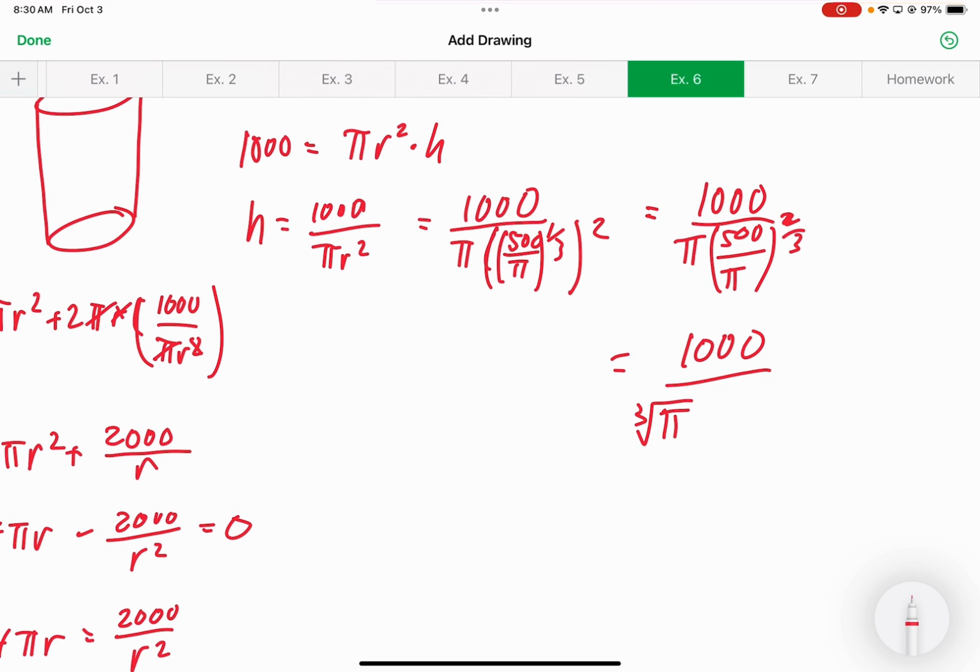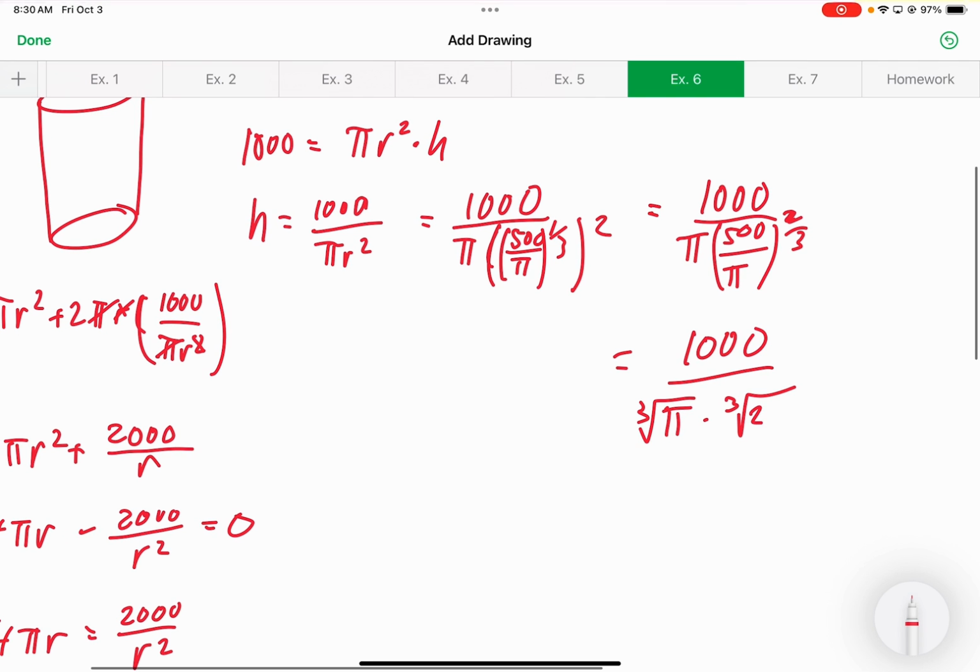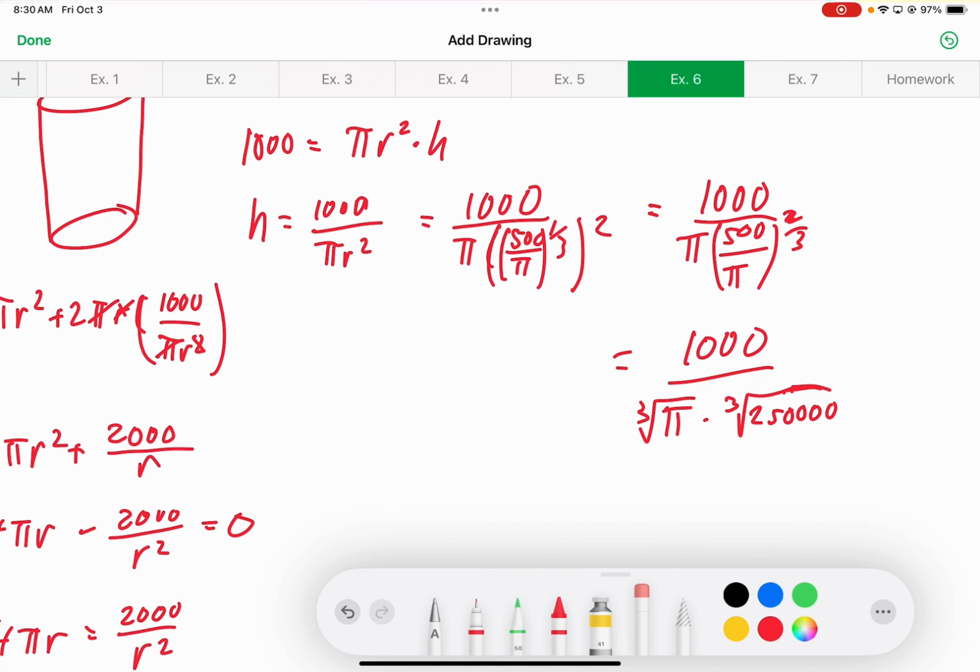And then times 500 to the 2/3, or the cube root of 500 squared. So if you square 500... 25,000, right? Did I add an extra 0?